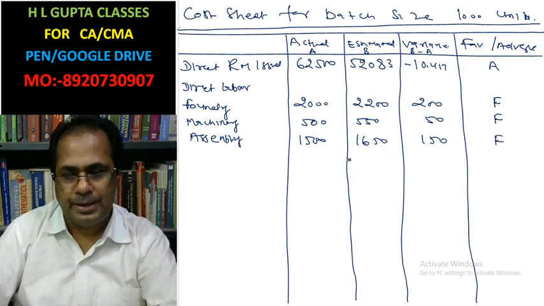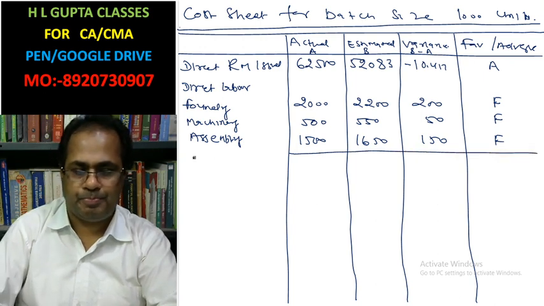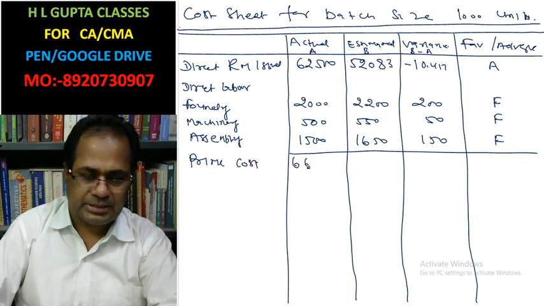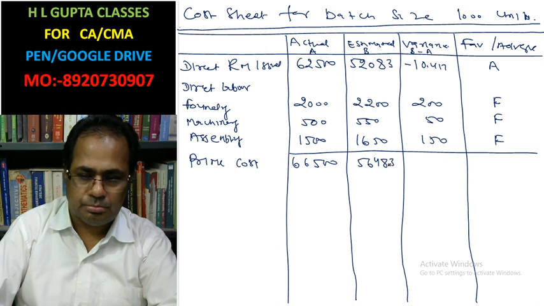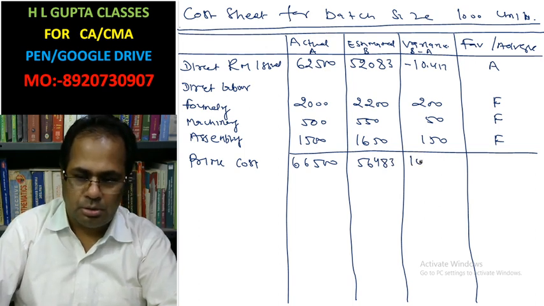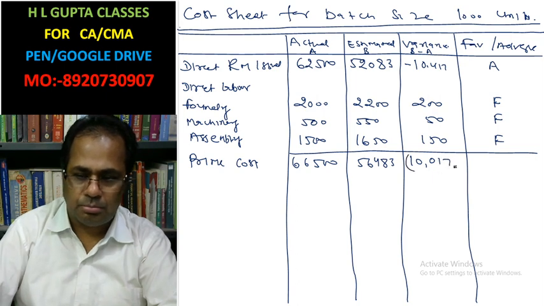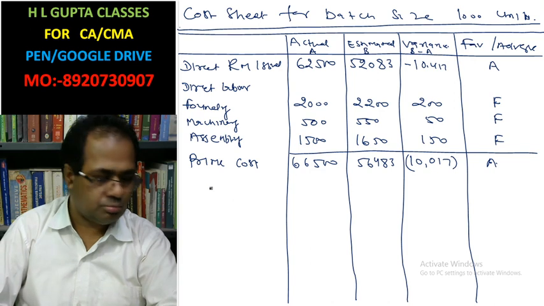Now this is your prime cost: 64,500 actual, 54,483 estimated, 10,017 negative. This is your adverse.